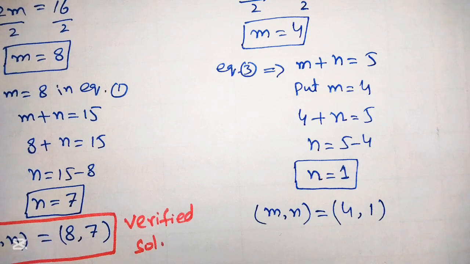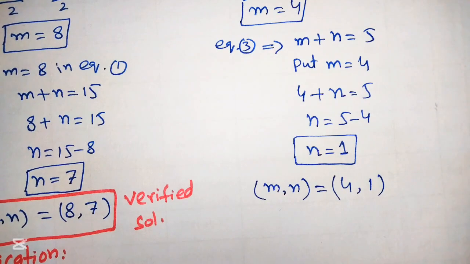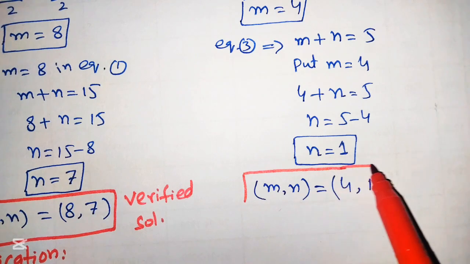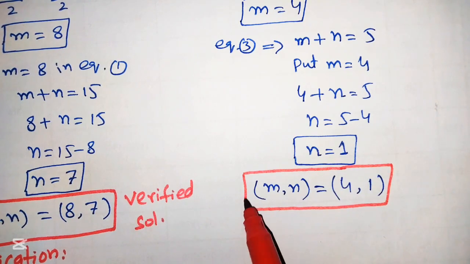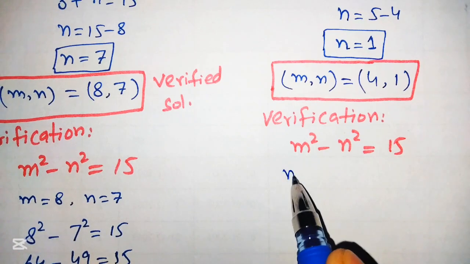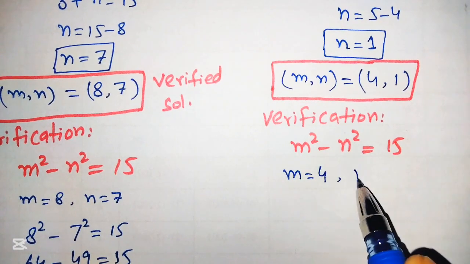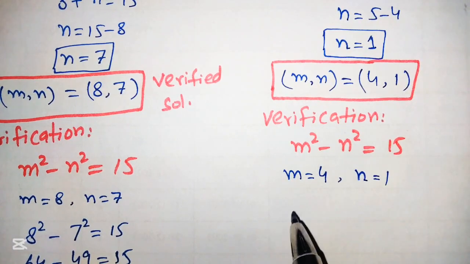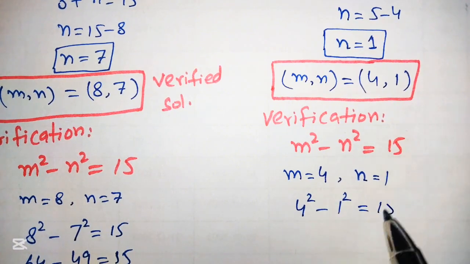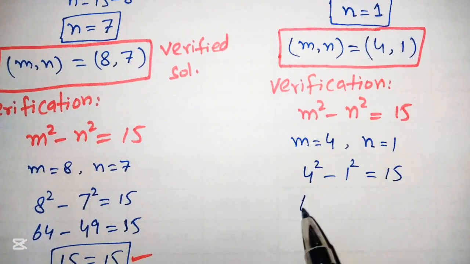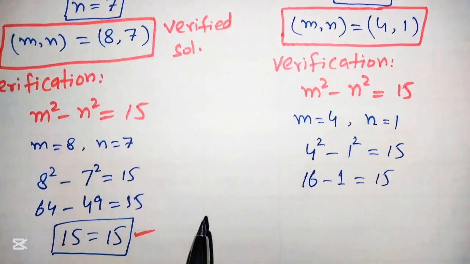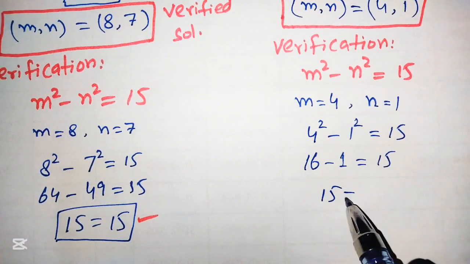Now we will check the validity of this solution pair by putting these values of m and n in the given equation. We put m is equal to 4 and n is equal to 1 in this equation, and we will get 4 square minus 1 square is equal to 15. 4 square is 16, minus 1 square is 1, and 16 minus 1 is equal to 15.